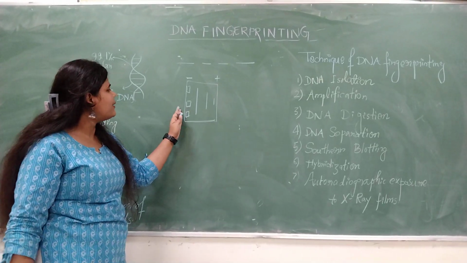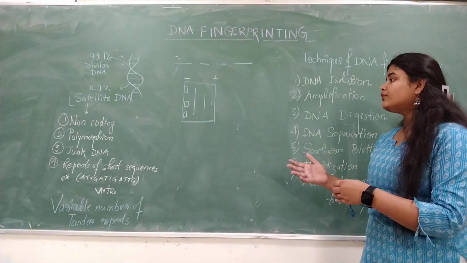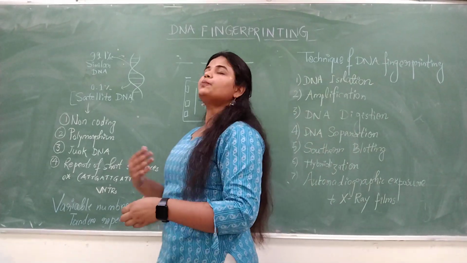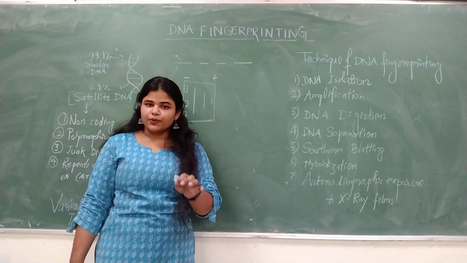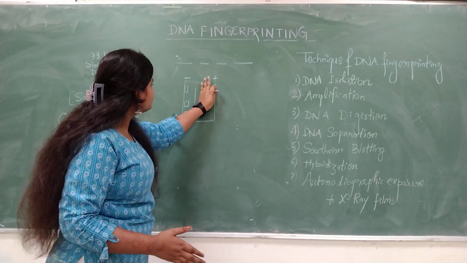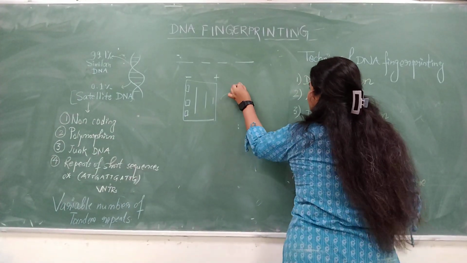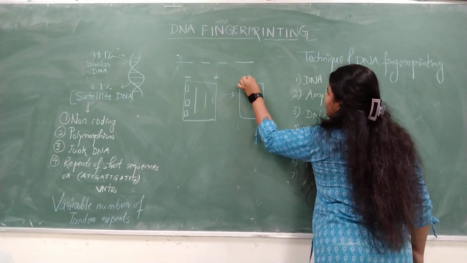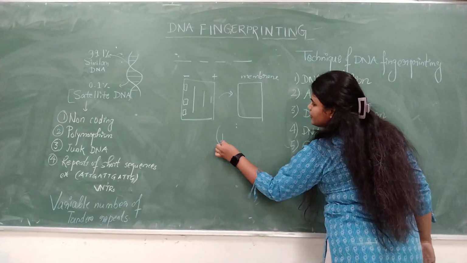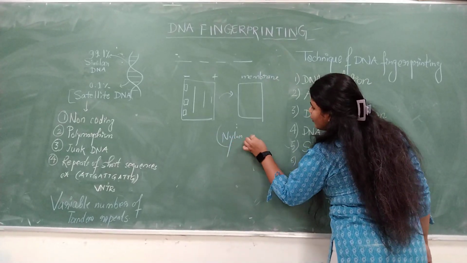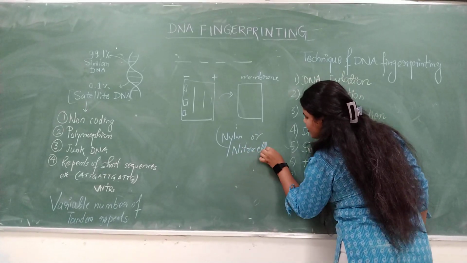Here we can see the bands of the DNA, but we cannot see them with our eyes. So what will we do? We will do a different process known as Southern blotting. Southern blotting is a process where we transfer these bands onto a membrane, and this membrane can be of nylon or nitrocellulose.